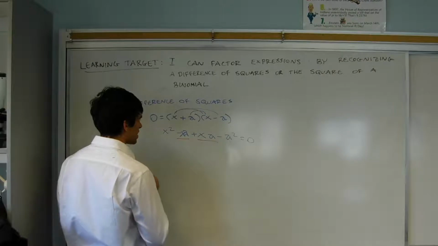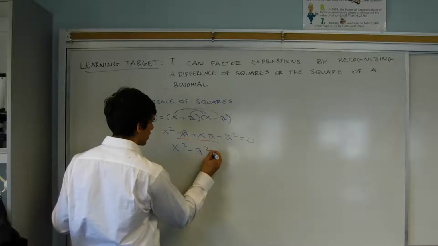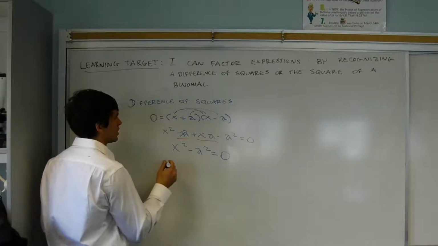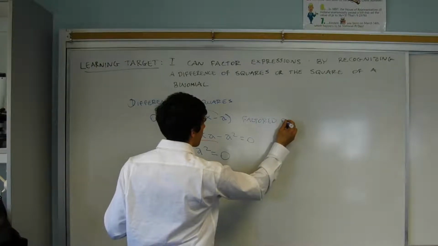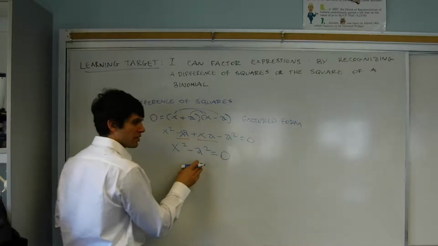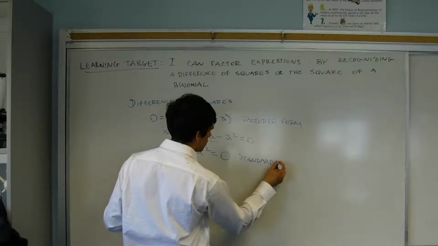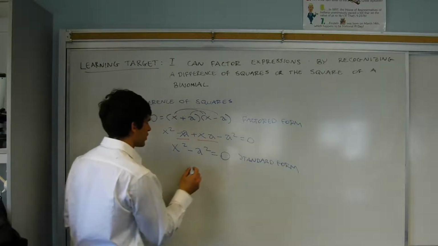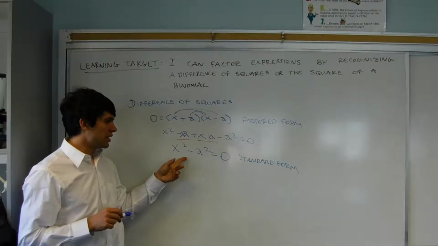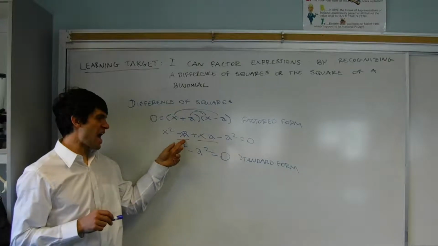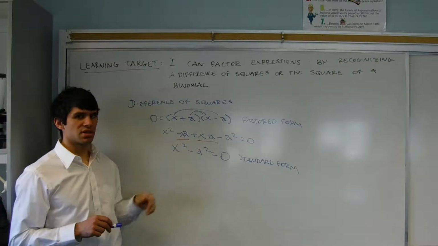So those are actually going to cancel out, and we'll get x squared minus a squared is equal to 0. So this is in factored form. And this is in standard form. So what we realize is the unique thing about a difference of squares is that in standard form it doesn't have a middle term. It doesn't have a first degree term in x because those terms cancel out.